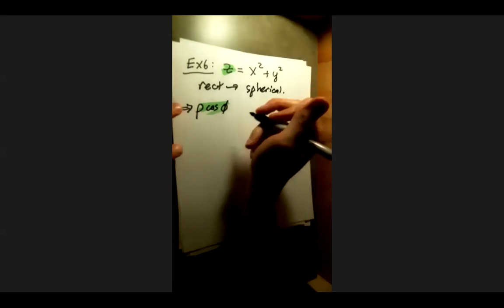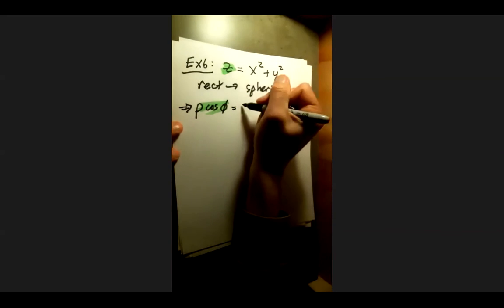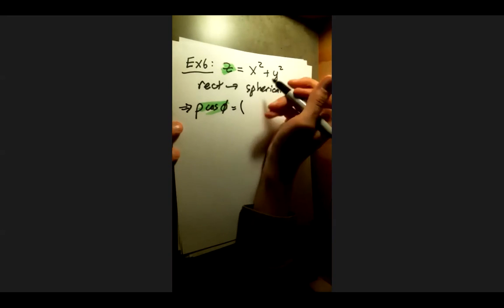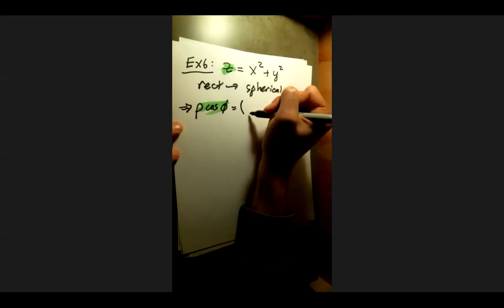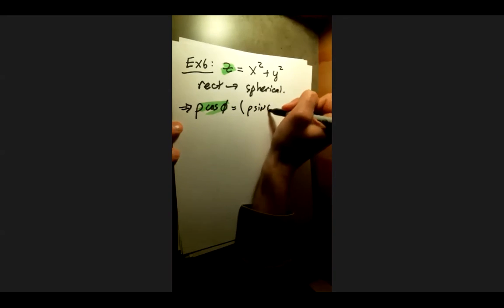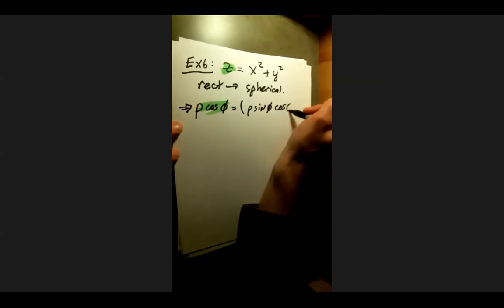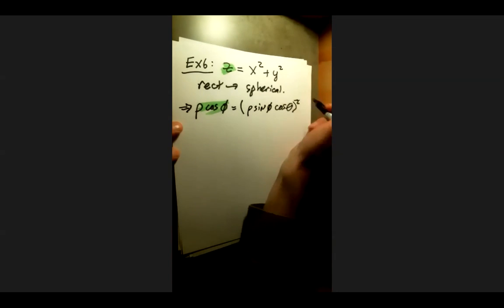Okay, and then our x is going to be replaced by rho sine phi cosine theta. We're going to square all that.